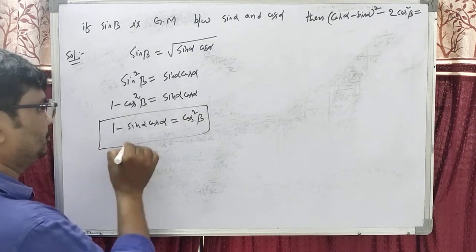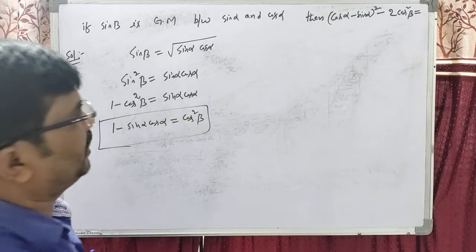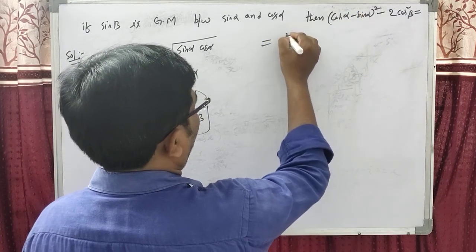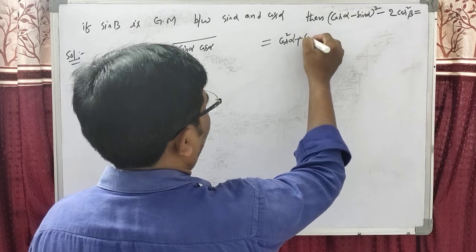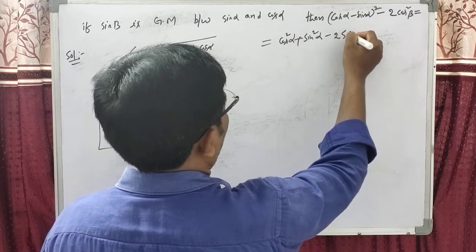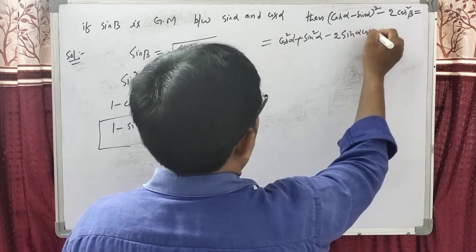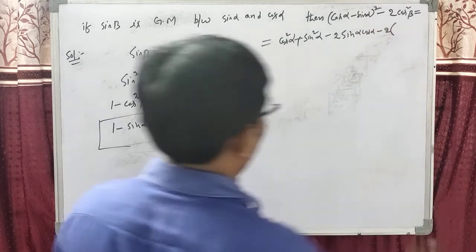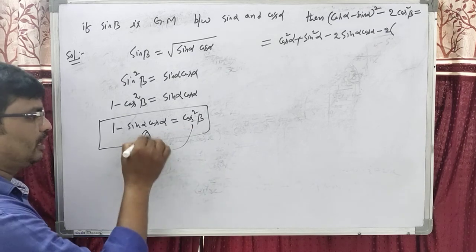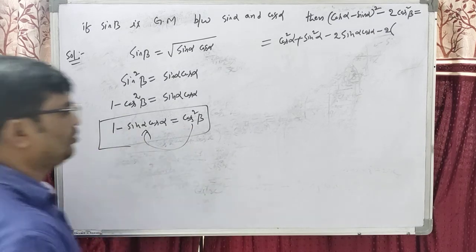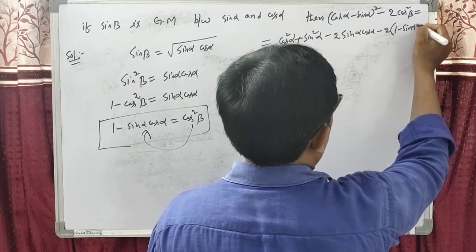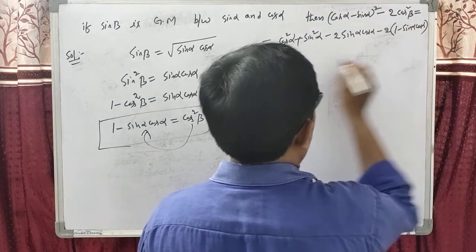This is the value. Now we have to find this one: cos square alpha plus sin square alpha minus 2 sin alpha cos alpha, minus 2 into the value of cos square beta, which we already found, that is 1 minus sin alpha cos alpha.